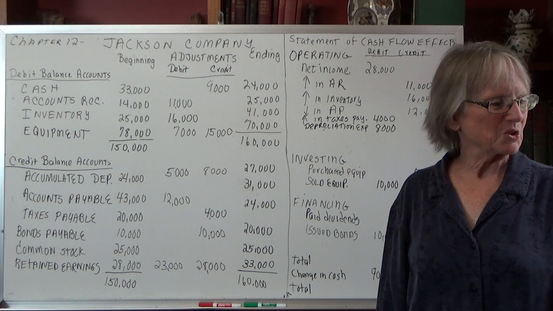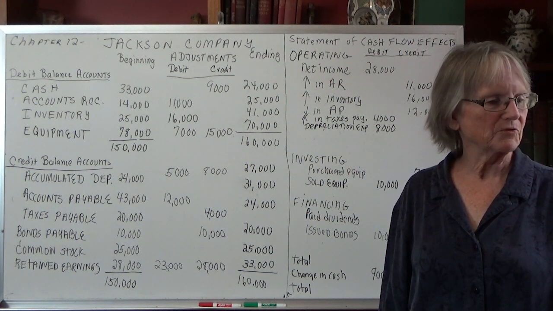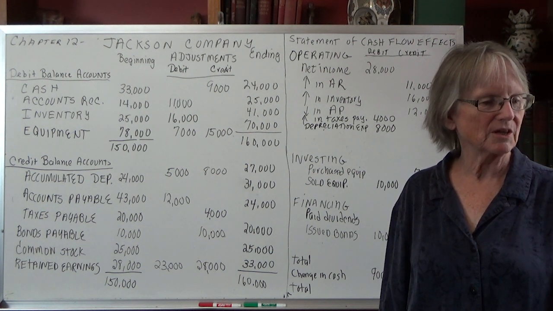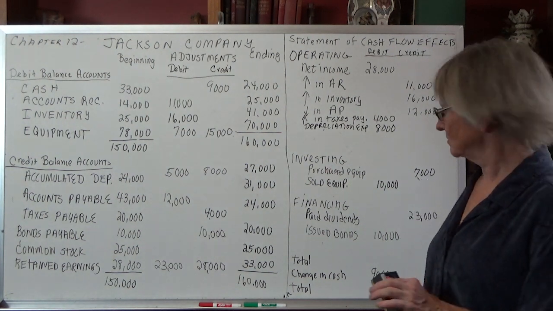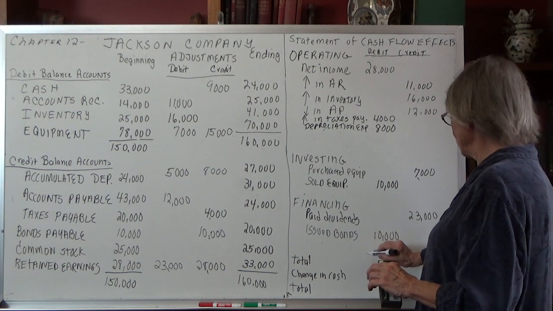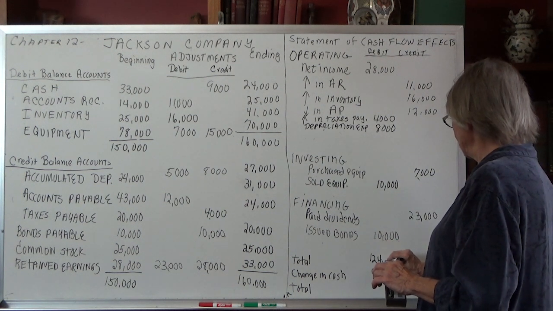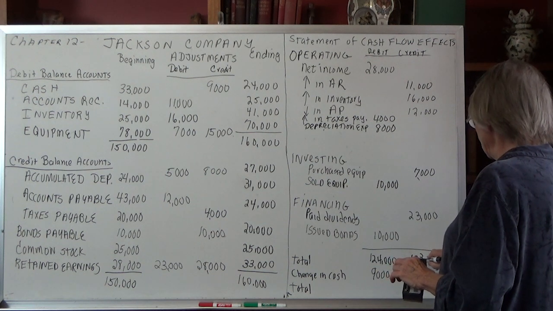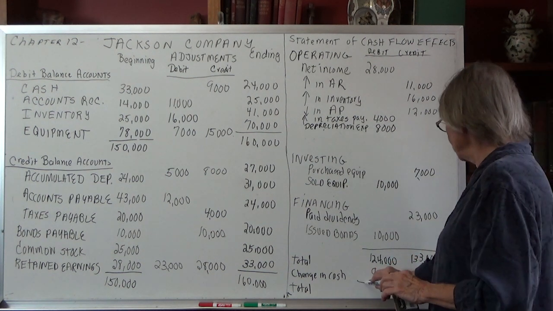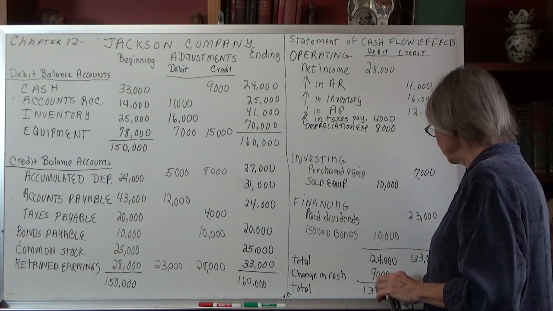Now we've checked all of our accounts and we need to add things up. This comes to, I think, 124. This comes to 133. And when we add the change in cash, we should get 133.